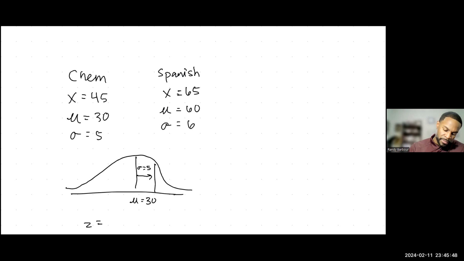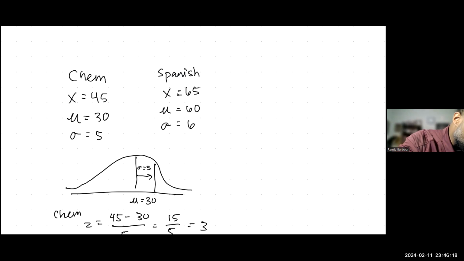It's going to be 45 minus 30 over 5. This should give you 15 over 5, 3. Okay. That's for Chem. For Spanish, Z, I'm going 60, 65, excuse me, minus 60 over 6. This should be 5 over 6.